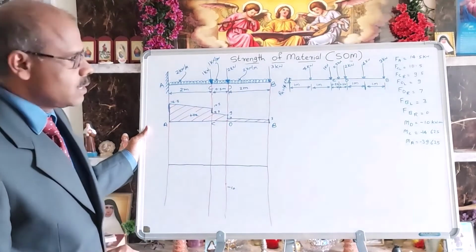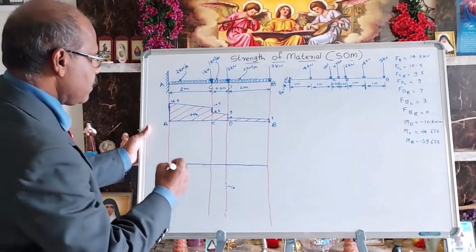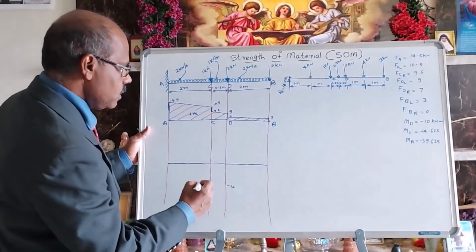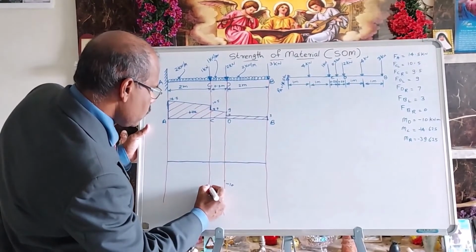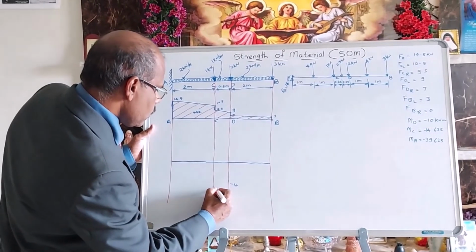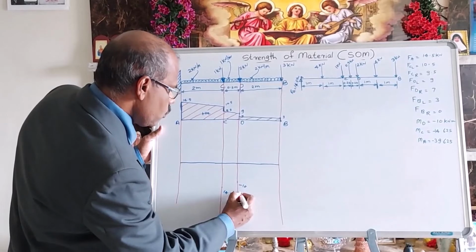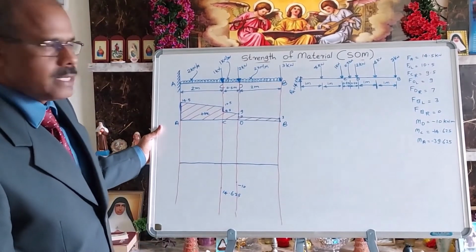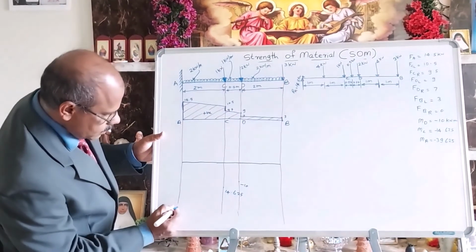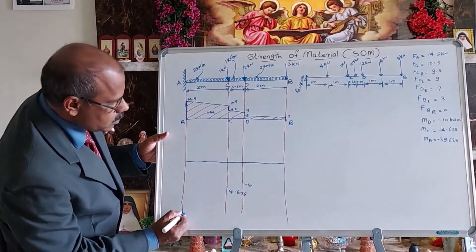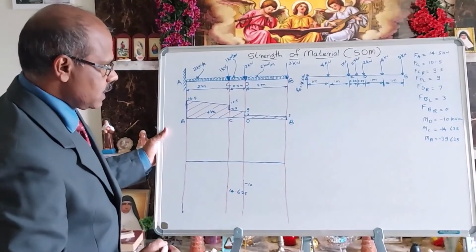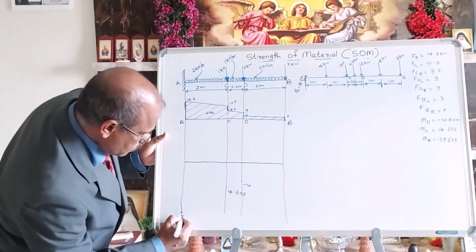Then at C we are having 14.625. Then at A we are having 39.625.